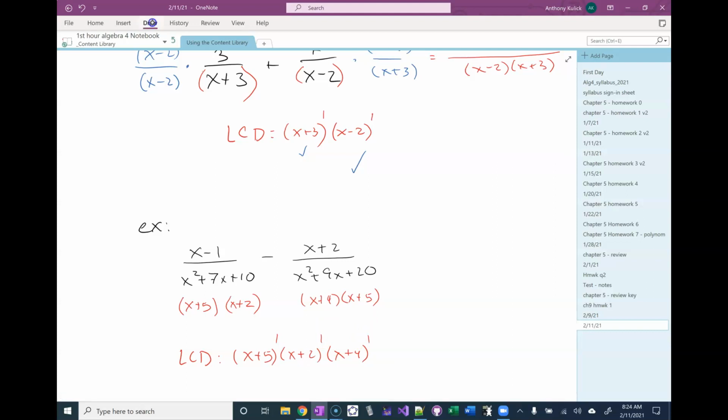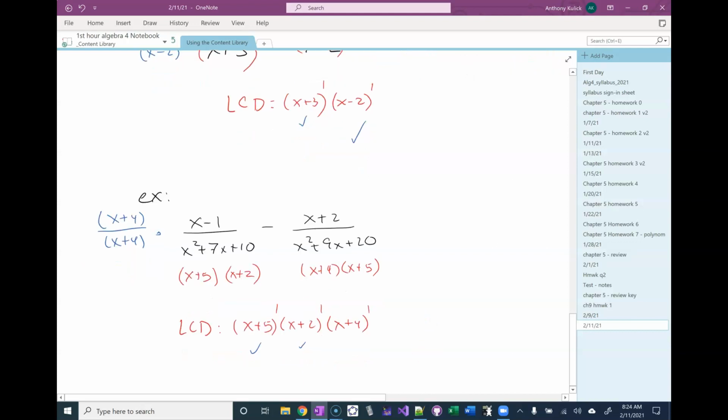If I look at the first fraction, I have the x plus 5, I have the x plus 2, I don't have the x plus 4. If I look at the second fraction, I have the x plus 4, I have the x plus 5, but I don't have the x plus 2.